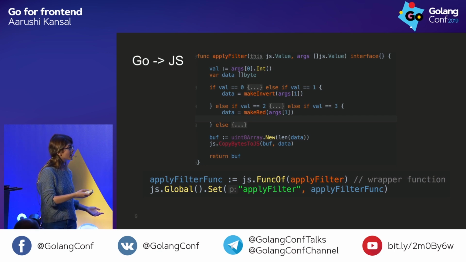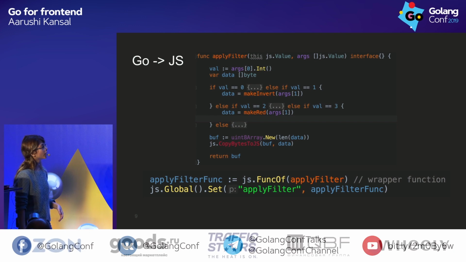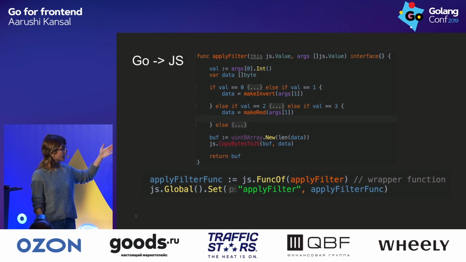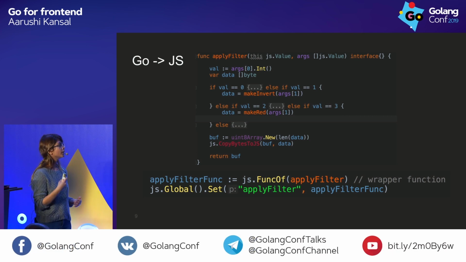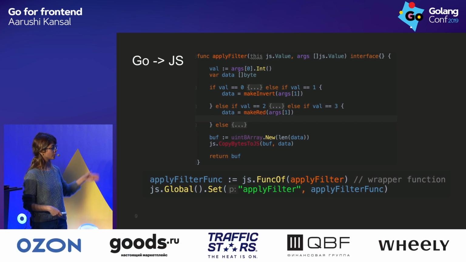So for example, in this case, we're just getting all of the arguments that we've passed, and then we're applying a filter such as make invert, make red, and then we copy those bytes back to JS, and we return that as an interface. But that interface is then later used to convert to a JavaScript value, which you'll see in the next two lines of code.